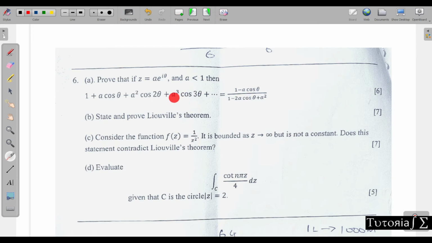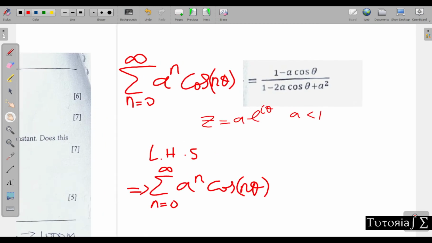So simply, writing this in the general form can be given by this sum right here. The sum from 0 to infinity of a to the power n cos n theta will be equal to that. When n is 0, we're going to have a to the power 0 times cos 0, which is 1.